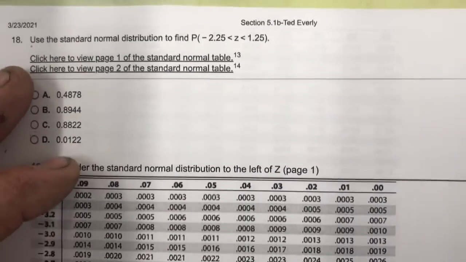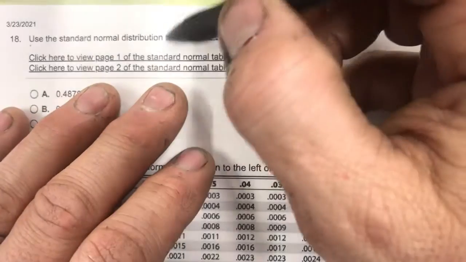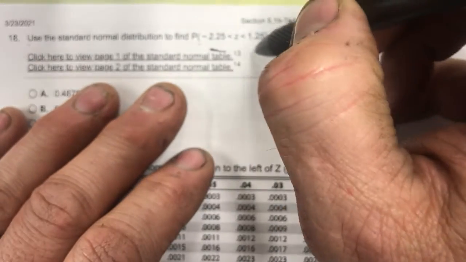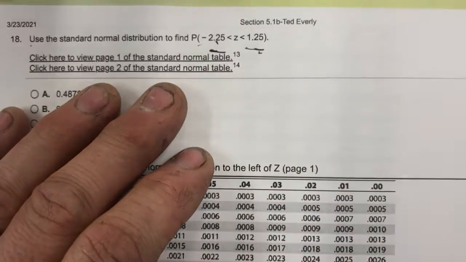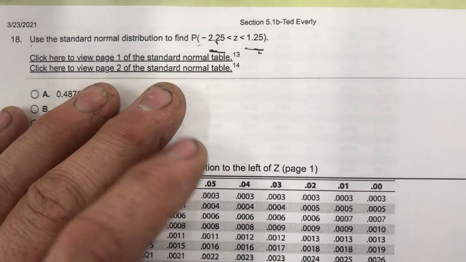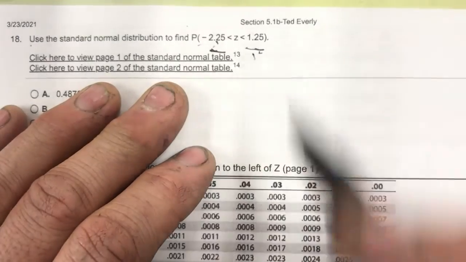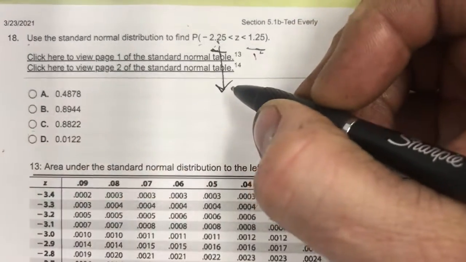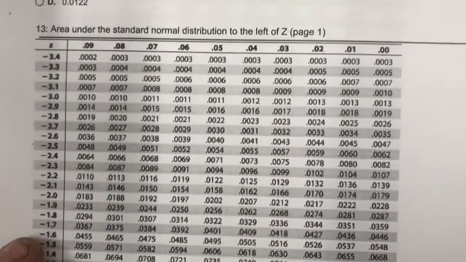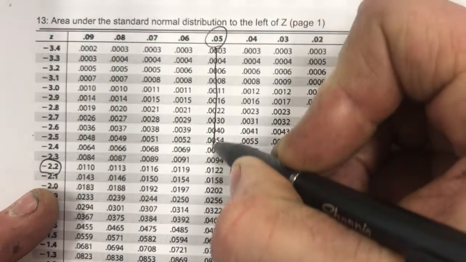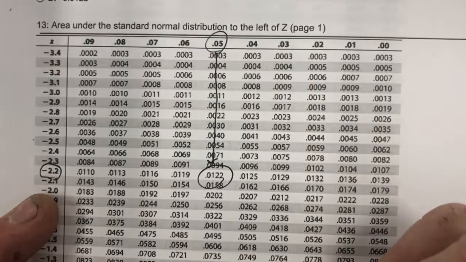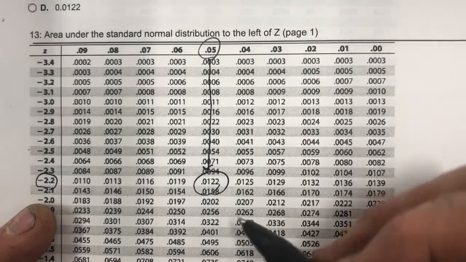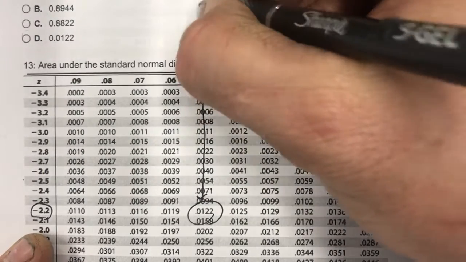Number 16 says use the normal distribution to find the probability between these two. So again, I look these two z-scores up and I subtract the percents. So negative 2.25: negative 2.2 and .05 is right there, 0.0122.